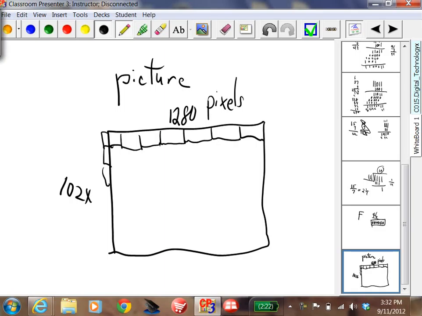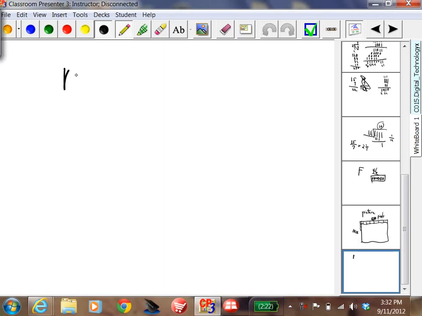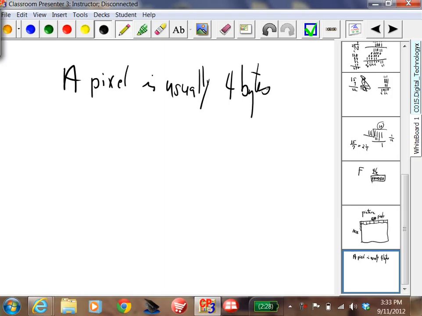Now, what is a pixel? Well, a pixel is usually 4 bytes.